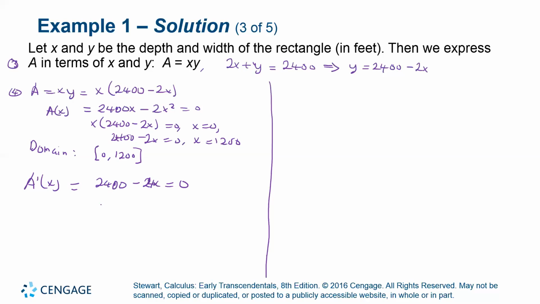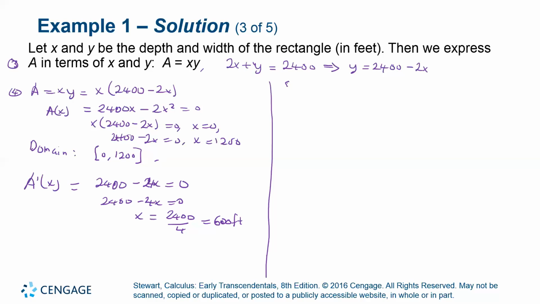If you set it to 0, you get 2400 minus 4x equal to 0, and then x is equal to 2400 over 4, which is 600 feet.